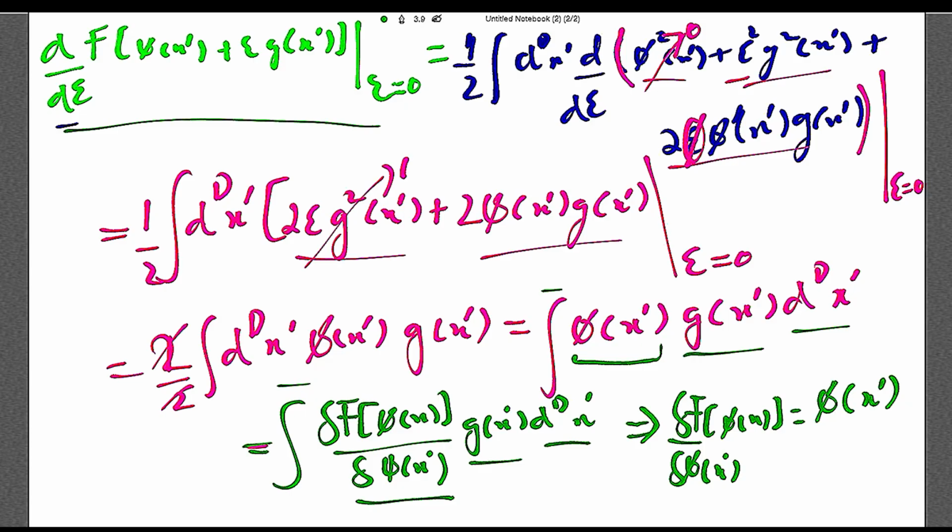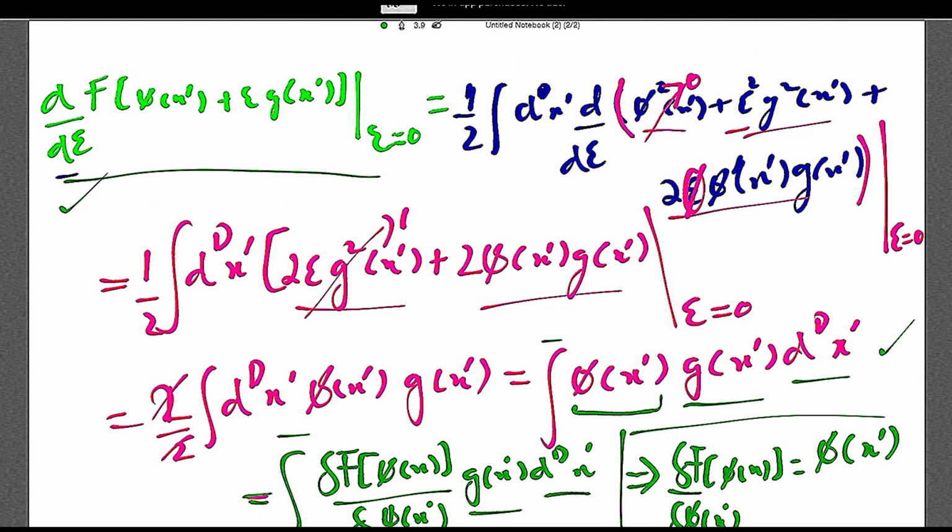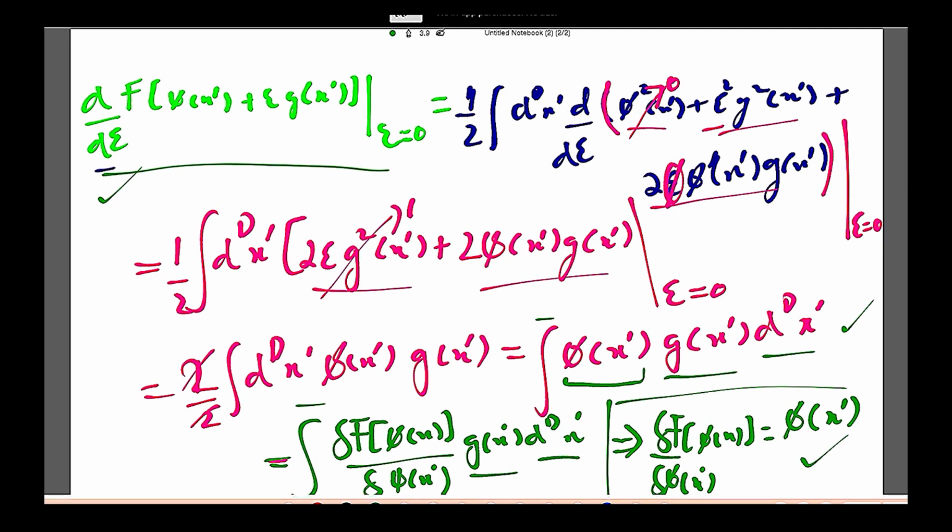Alright, simple as that. And you have seen that just using this definition of differential form and integral form, starting from differential form, simplifying it and writing it in terms of the integral form, the comparison gives us easily the functional derivative, and this is the functional derivative for this case specifically.